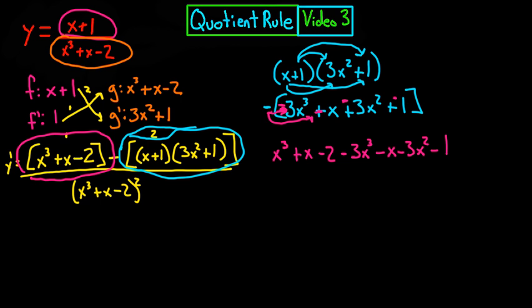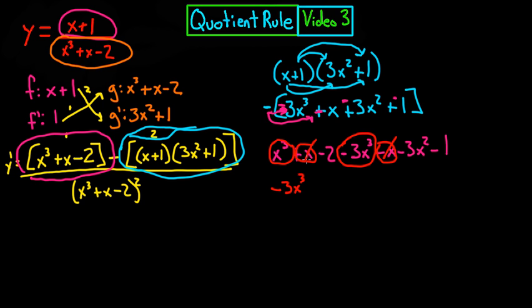Now let's simplify that down. So you've got a positive x cubed and a negative 3x cubed. So that's going to leave us with a negative 3x cubed. You've got a positive x and a negative x.